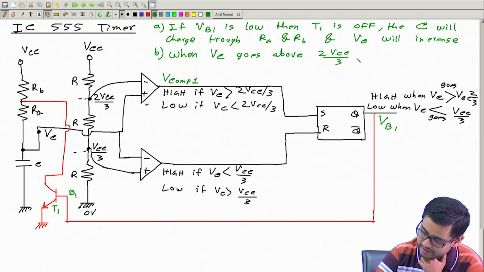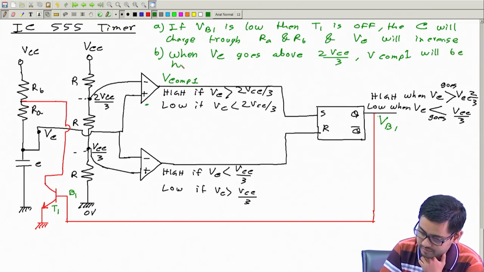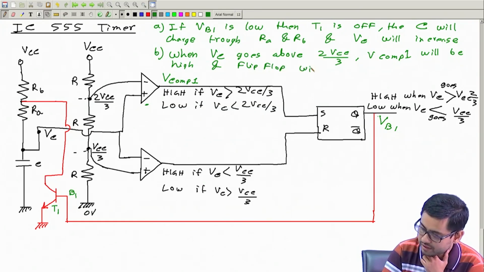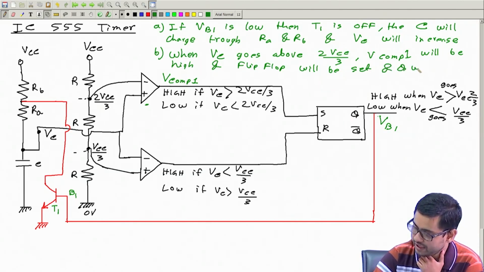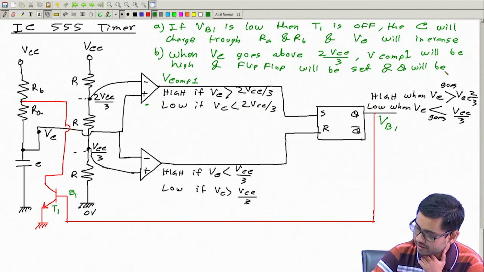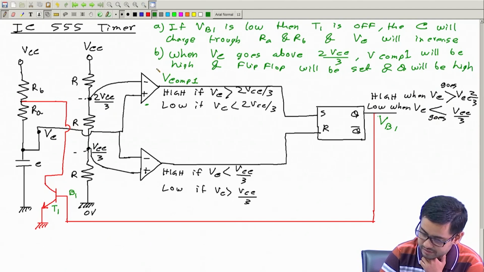Then V comp 1 will be high and the flip-flop will be set, and Q will be high.